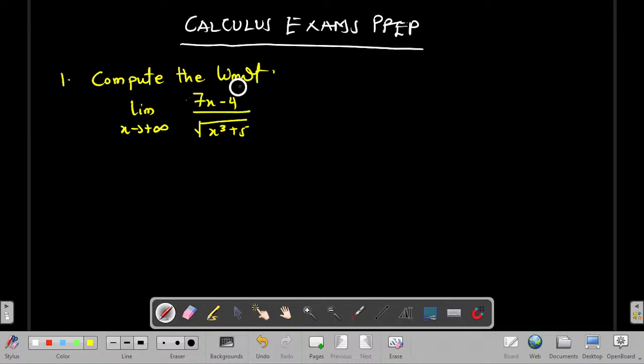Compute the limit of the expression 7x minus 4 all over the square root of x cubed plus 5. How do you solve this problem?